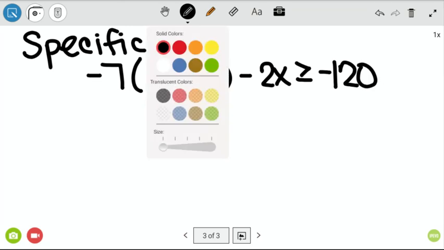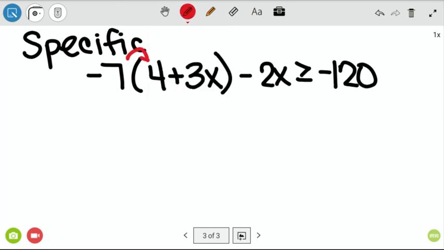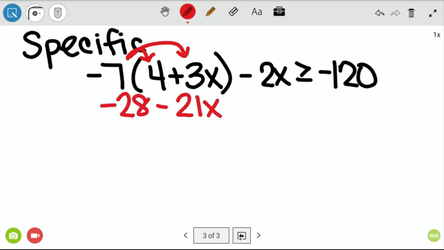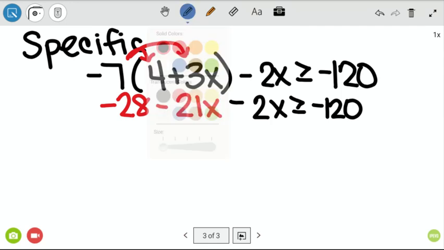So just like we did yesterday, when we see parentheses, we're going to distribute. So we get -28 minus 21x. Then I'm going to bring down my minus 2x is greater than or equal to -120. Now that my parentheses are gone, I can rearrange.